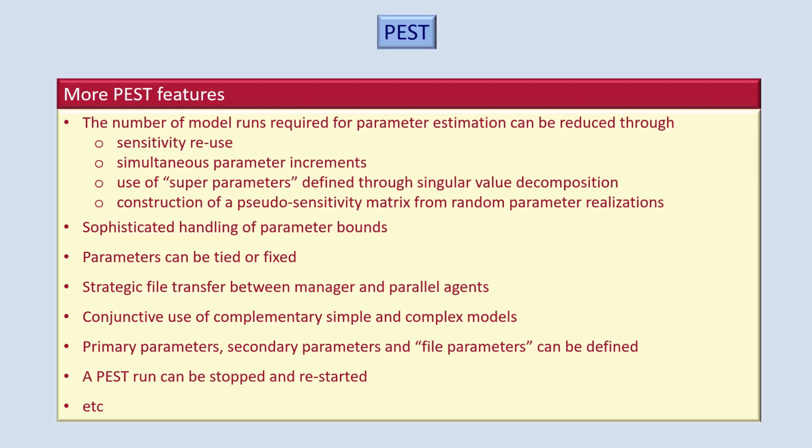It can transform parameters so that PEST can estimate transform parameters while the model can actually use its native parameters. A PEST run can be stopped and restarted at the same place at which it was stopped. And there's many other little things that go into making the PEST algorithm as useful and efficient as possible.